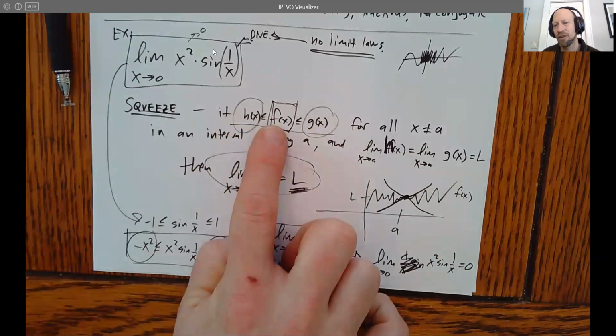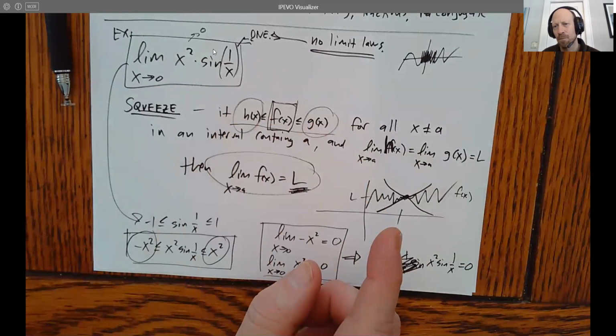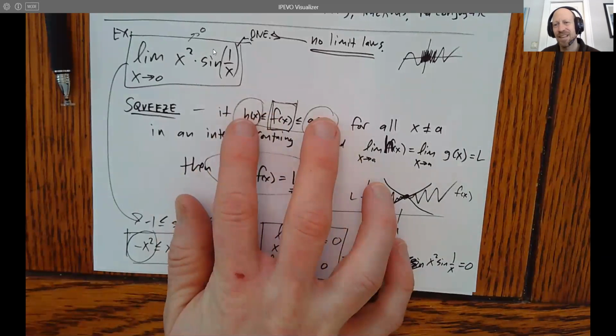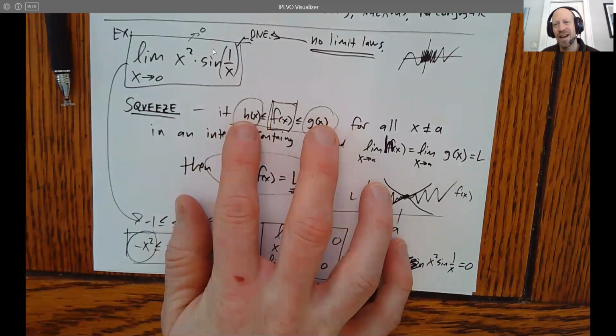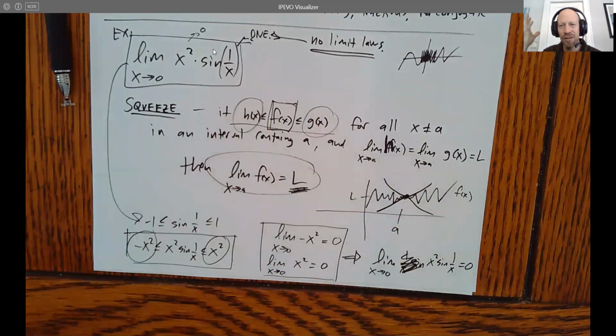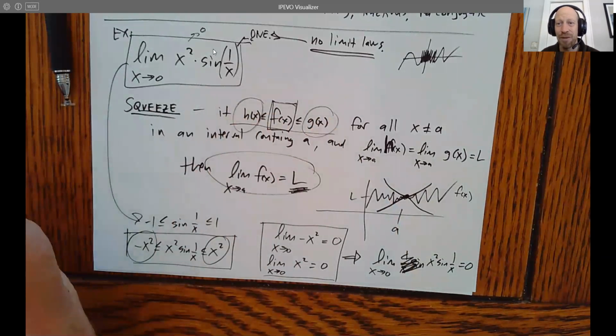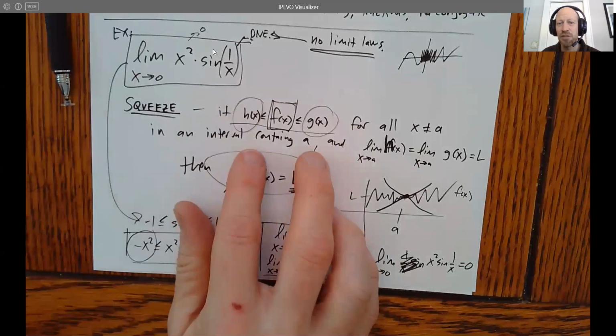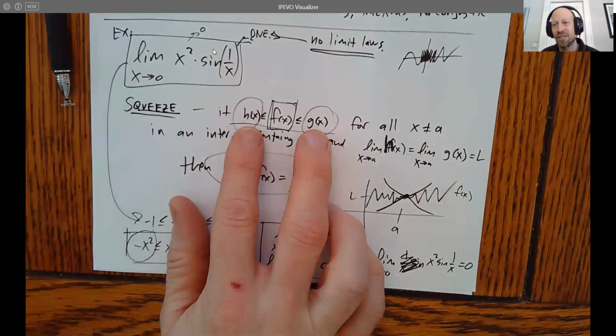Then I know that my function goes to the same value. So it's all about finding those h of x and g of x. It really is. And they don't just kind of appear. You're doing it because I kind of know what the limit is already, right? I'm just proving that it really is that value.